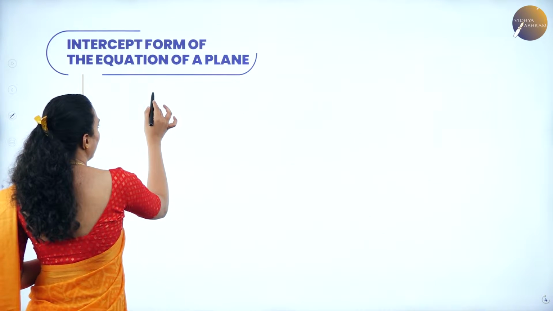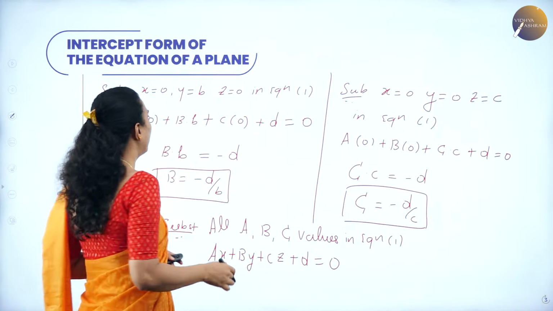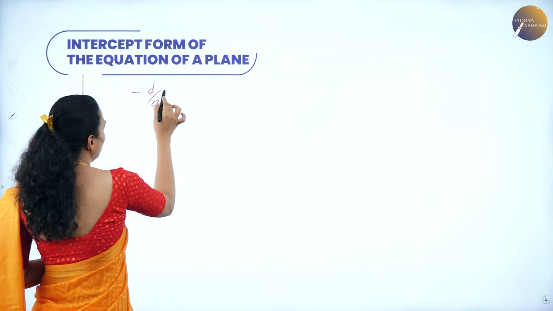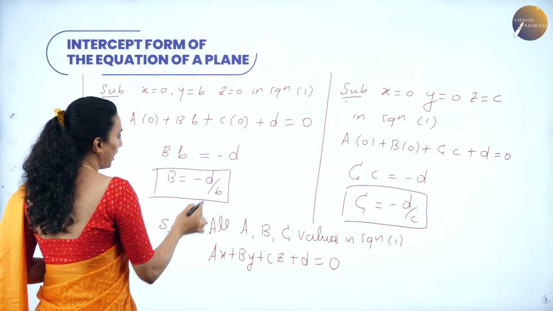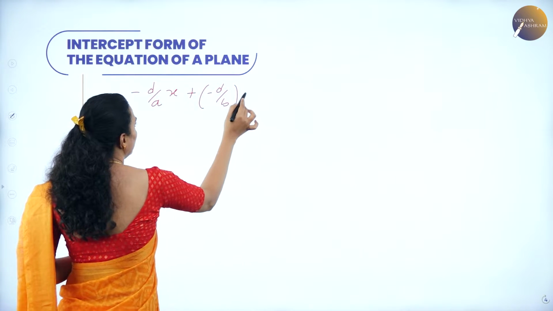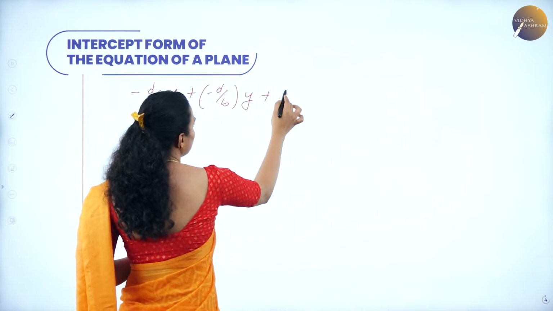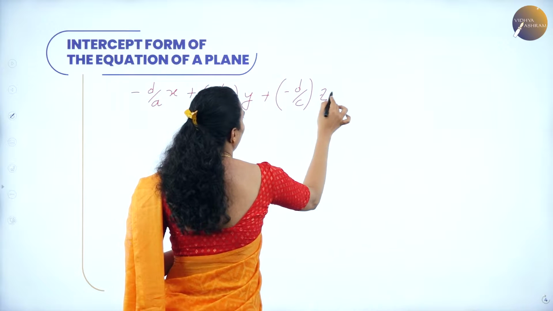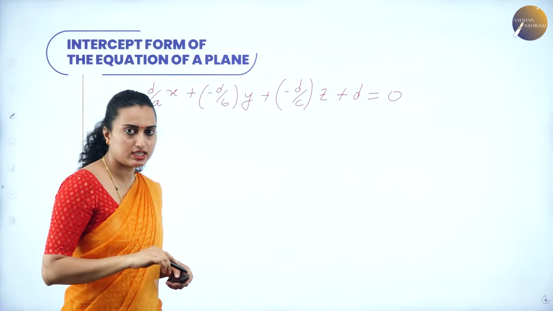The a value is minus d by a, so minus d by a into x, plus b value is minus d by b into y, plus again c value is minus d by c into z, plus d is equal to 0, isn't it?